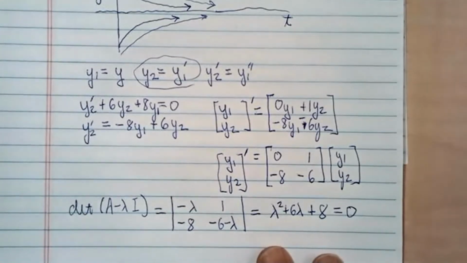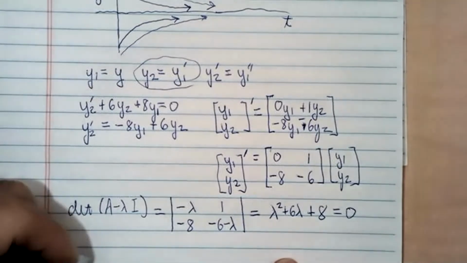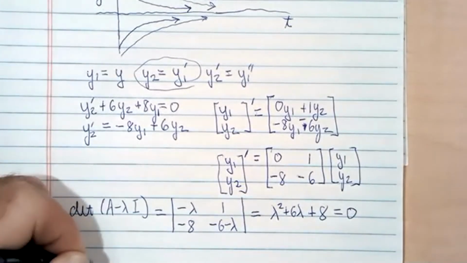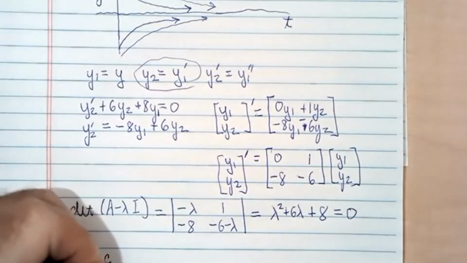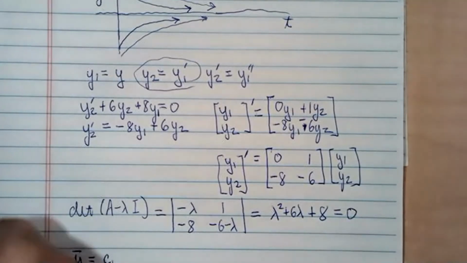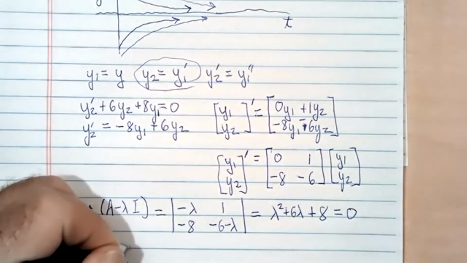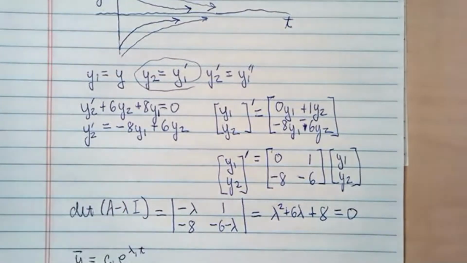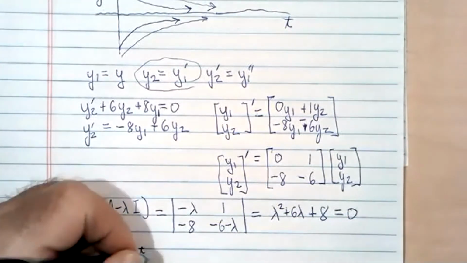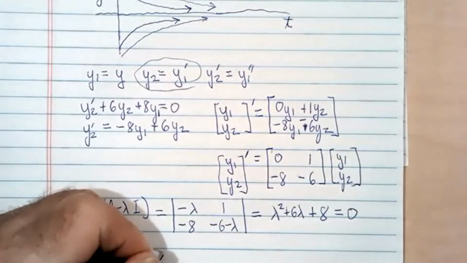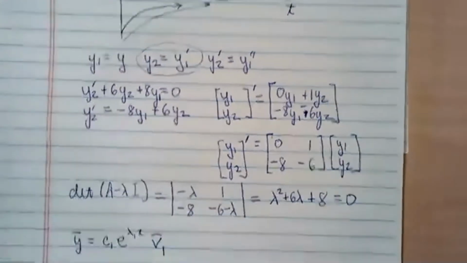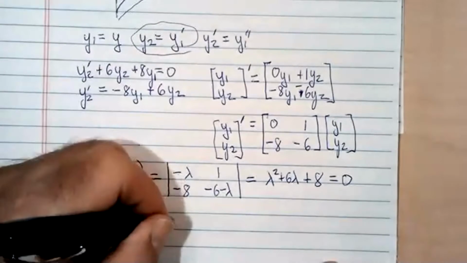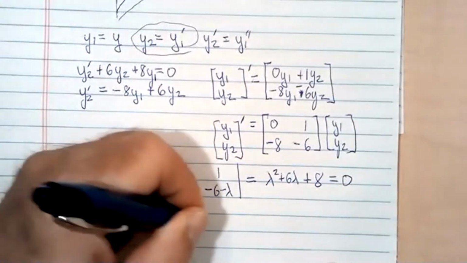Now, if we're going to write this solution as a system though, our recipe says this: the y vector is going to be any constant times e to the lambda 1 t times the corresponding eigenvector plus C2.